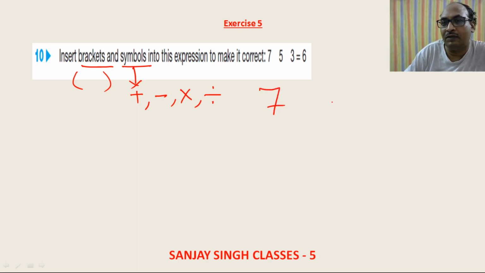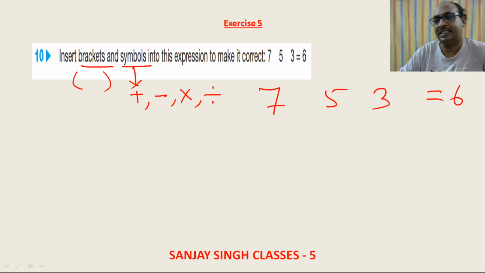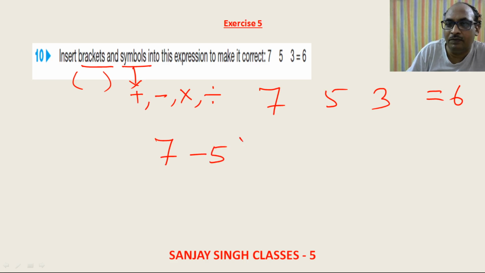So 7, 5, 3 is given and the answer will become 6. Right, so what can we do here? We can write 7 minus 5, in bracket, into 3.